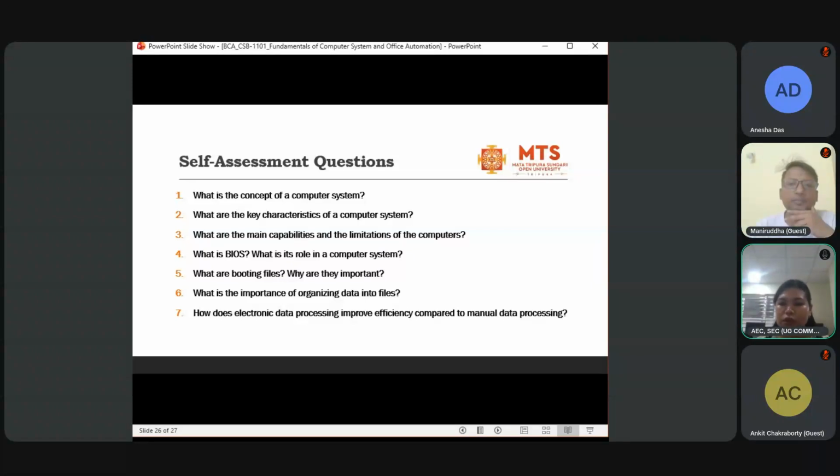When we turn on the system, it checks whether your system is functioning correctly. That is the BIOS, basic input output system. It is like scanning, like an antivirus.